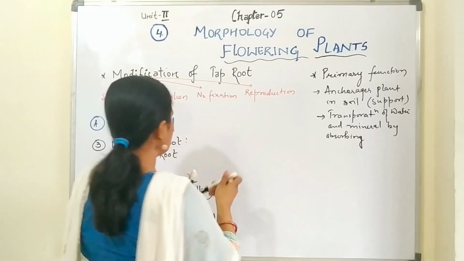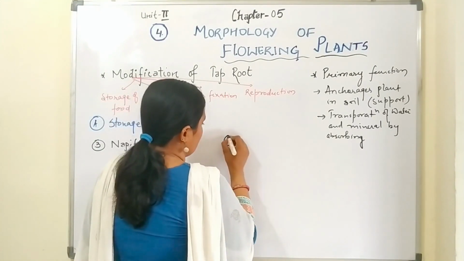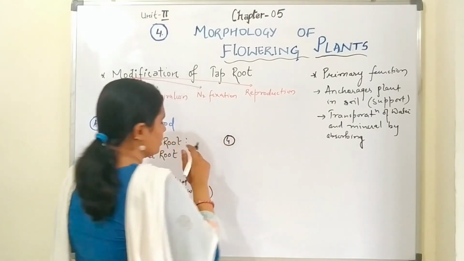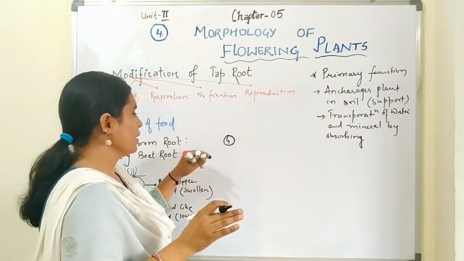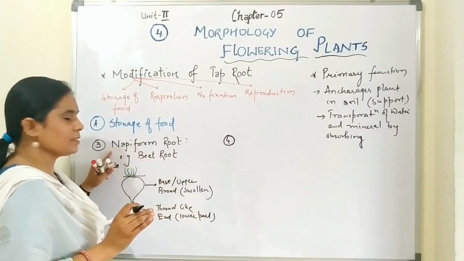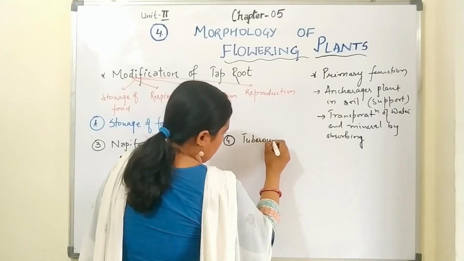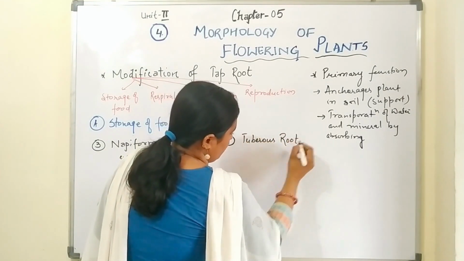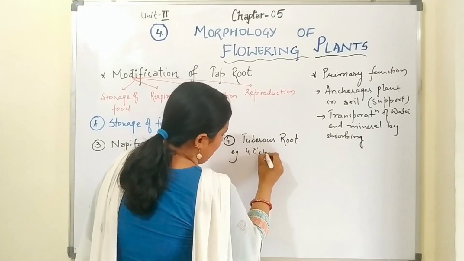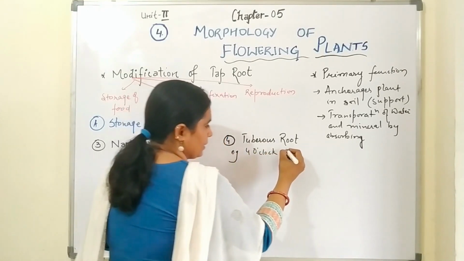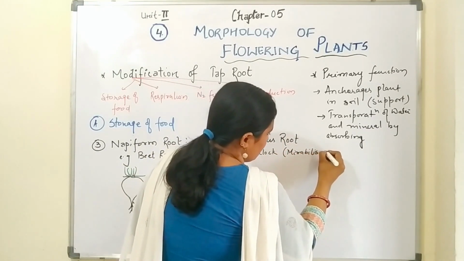Next and the last is the tuberous root. The first one I told you is fusiform, second is conical, third is napiform, and fourth is tuberous. Tuberous root, the example is the four o'clock plant, and its scientific name is Mirabilis jalapa.